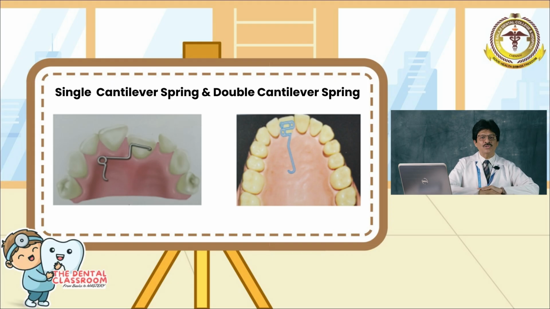And an anterior crossbite can be very well corrected with a simple spring along with the use of your retentive clasp and your acrylic base plate, as also to take care to see that you have a posterior bite plane incorporated such that your anterior crossbite is corrected effectively without any obstruction.